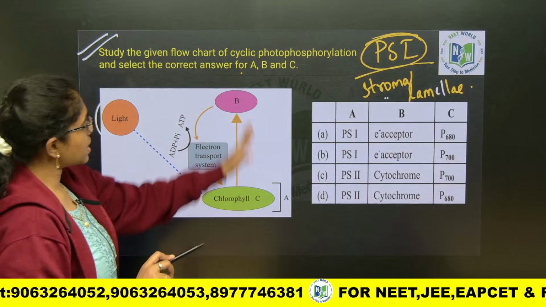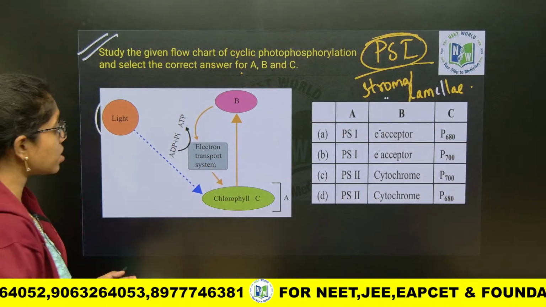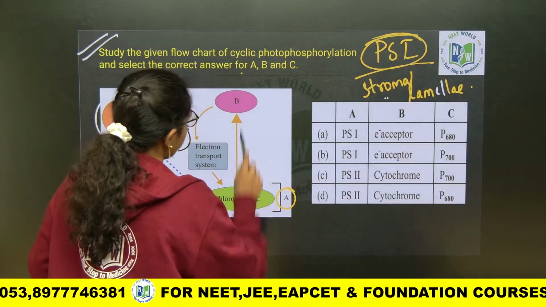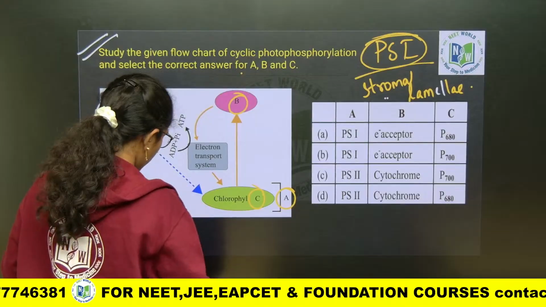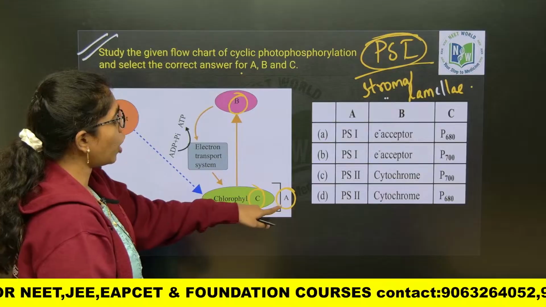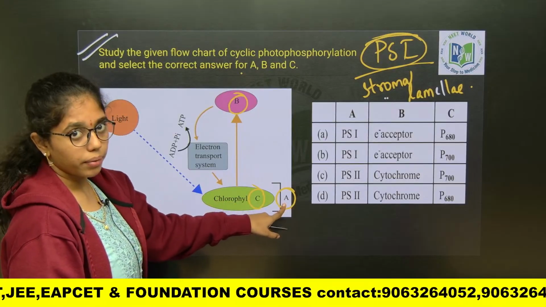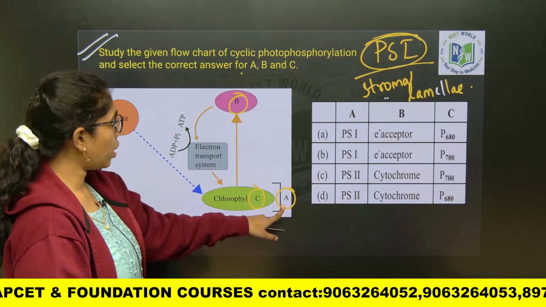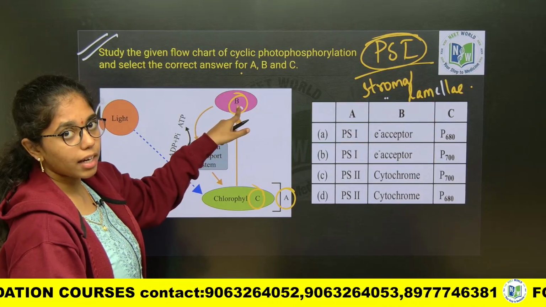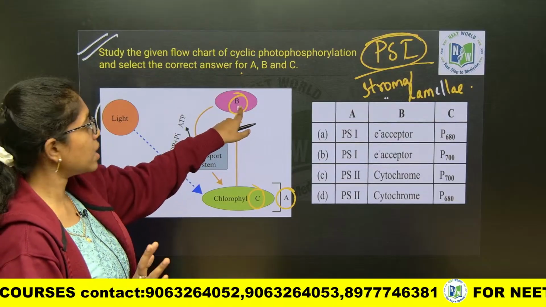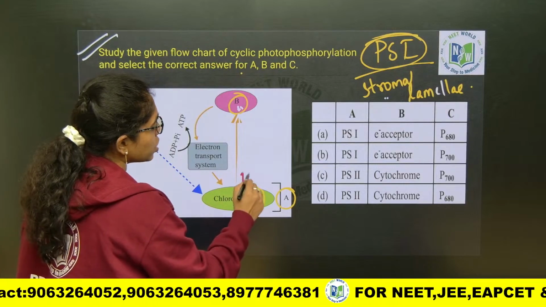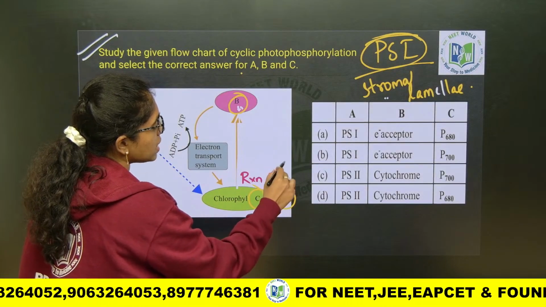From this image of cyclic photophosphorylation, what is the question asked? To label A, B and C. First observe carefully: A will obviously be photosystem 1, because only PS1 will be involved. B will be the electron acceptor, not a proton acceptor, and C will be the reaction center.